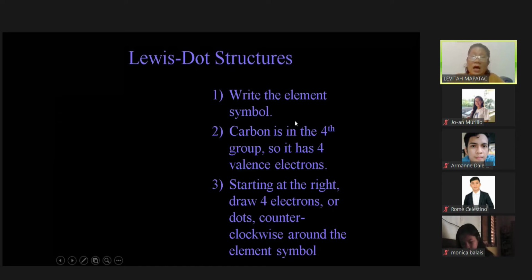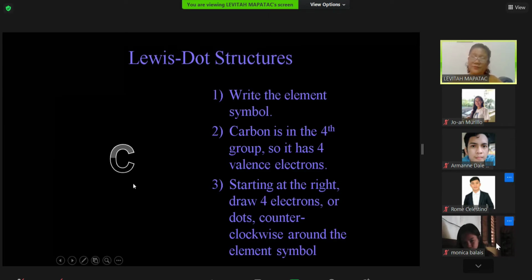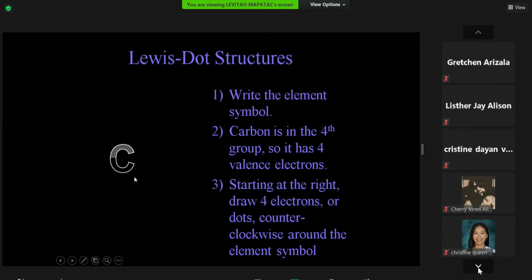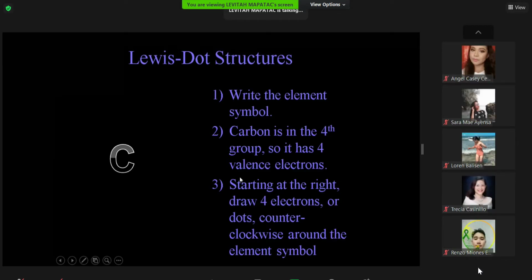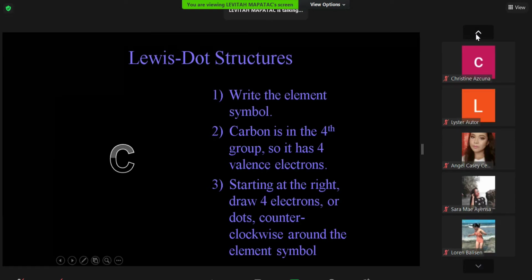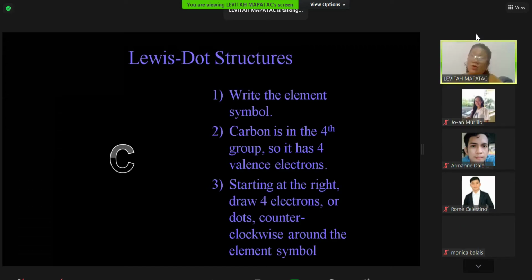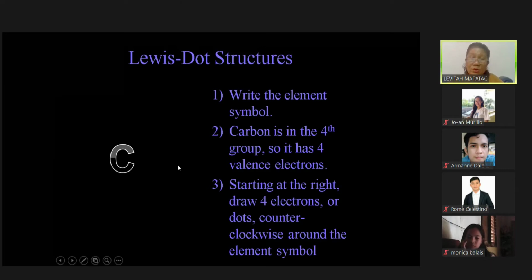Okay. So how are we going to write the dots? First, write the element symbol. For instance, carbon. Where is carbon in your periodic table? It is in group 4. If it is group 4, how many valence electrons does it have? That is 4. So how are we going to place the dots?